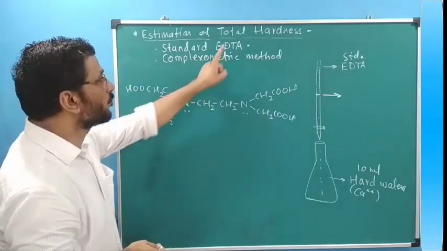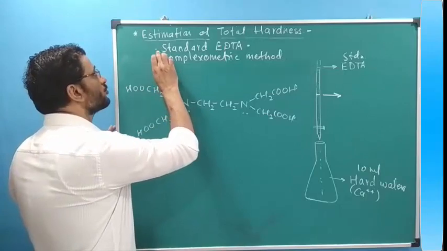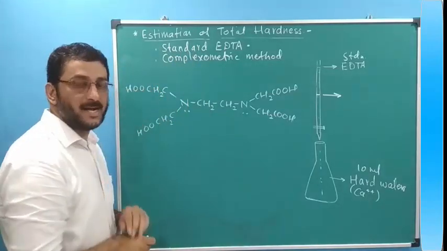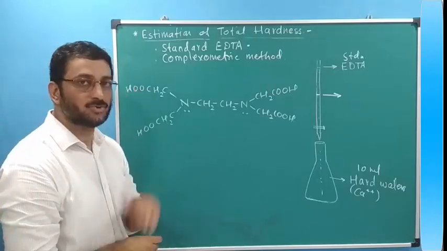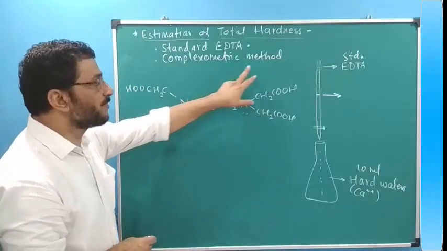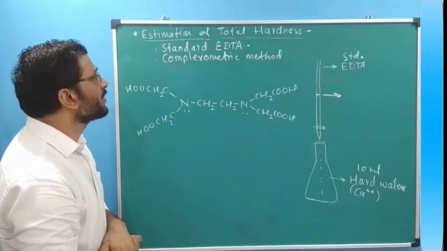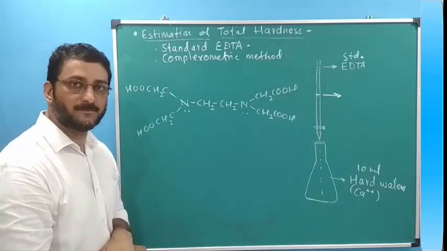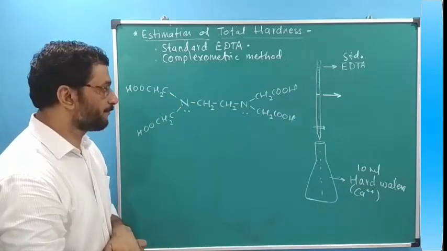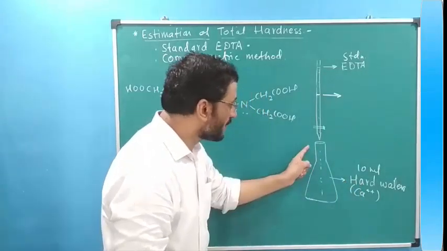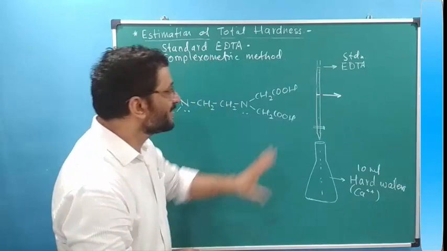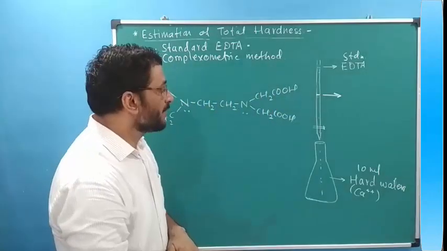That method, total hardness, is also called by using standard EDTA, or the complexometric method. What is the basic idea of the experiment? It is a simple titration. This is my conical flask, and this is a burette.